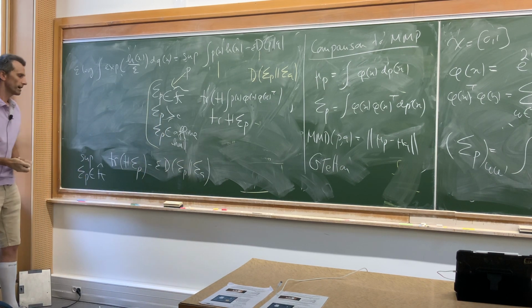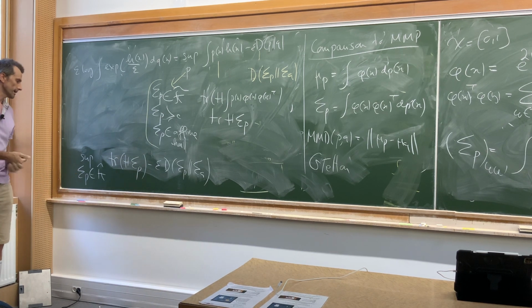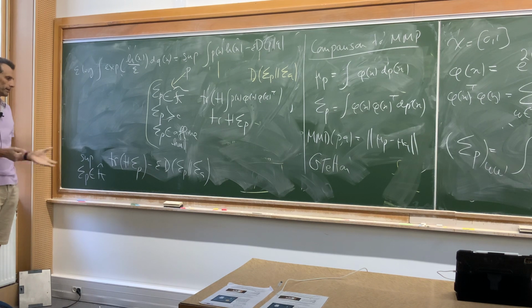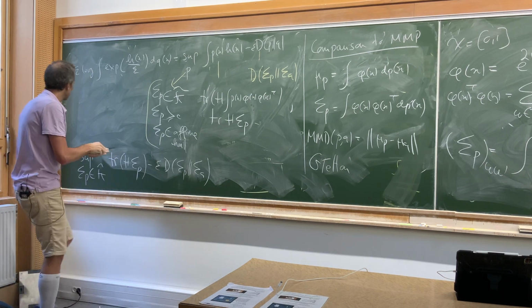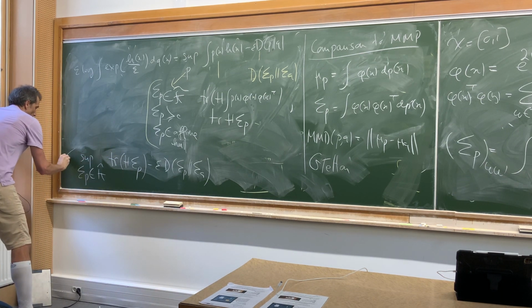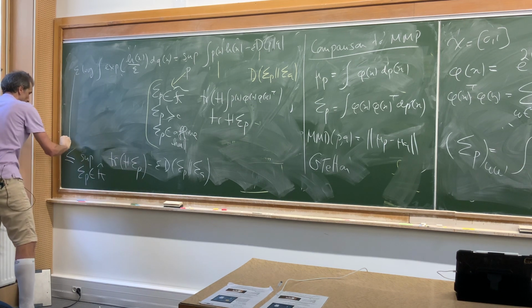And now what you have is something which you can compute. This you can compute in polynomial time. I won't give the details. It's computable and it's an upper bound on that.